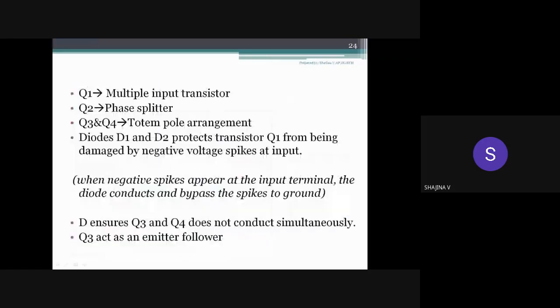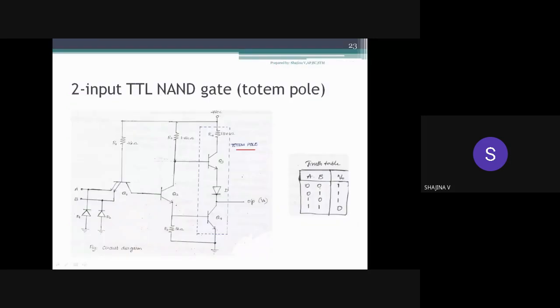Okay, so those are the different parts. Now we will see the working of this 2-input TTL NAND gate in totem pole configuration. So first remember our truth table. The NAND gate truth table is like this: for A equal to B equal to 0, output equal to 1.